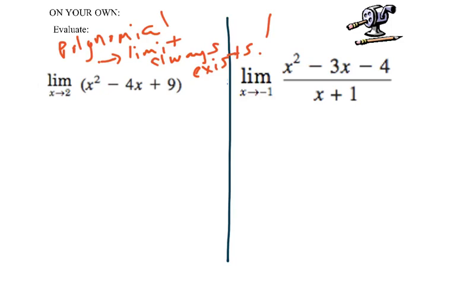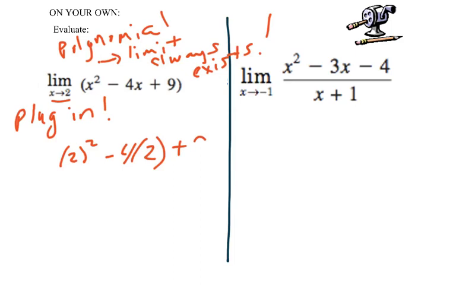All right, well, so we go with the process of plug in. So we are going to plug in 2 because that is what we are looking for as x approaches 2. So we have 2 squared minus 4 times 2 plus 9. 2 squared is 4. 4 times 2 is 8.